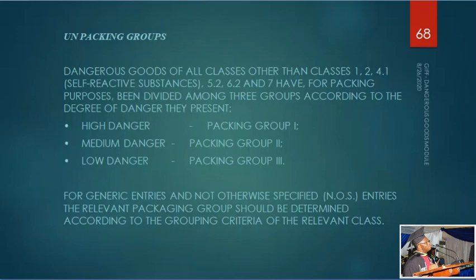So dangerous goods of all classes other than classes 1, 2, 4.1, self-reacting substances 5.2, 6.2, and 7 have, for packing purposes, been divided among the groups according to the degree of danger they pose. That's why we have the high, the medium, and the low.